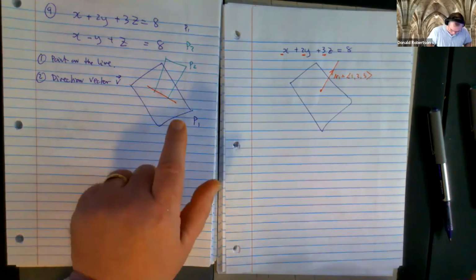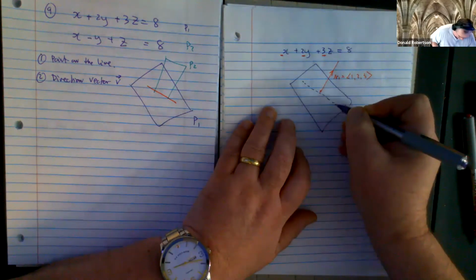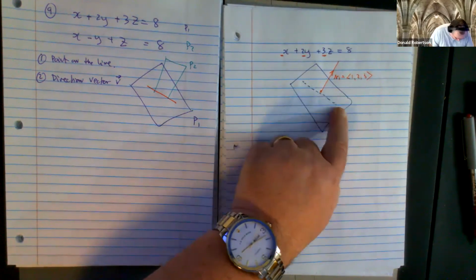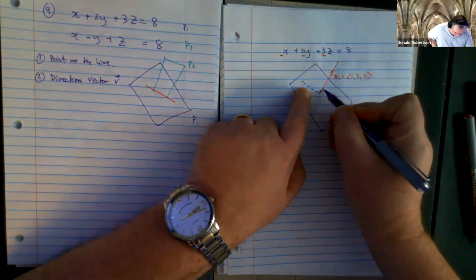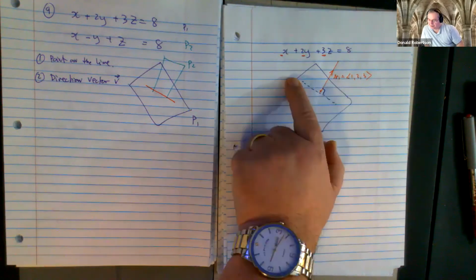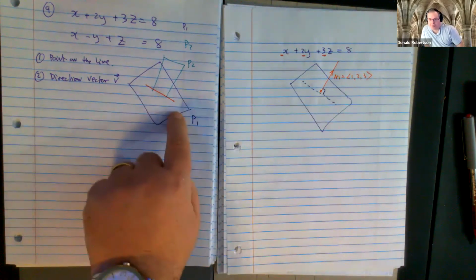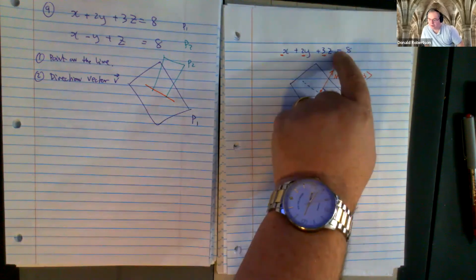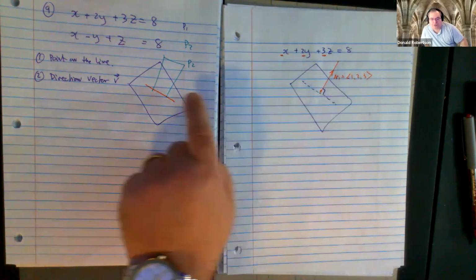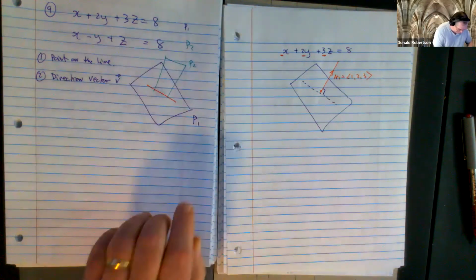Because the line I want, which is this dotted line now because I've changed my color scheme, because it's in the plane, won't it be perpendicular to that normal? That makes sense? If I draw a line on the plane, this red line, won't it be perpendicular to this normal? Since this line is also on the second plane, won't it be perpendicular to the other normal?